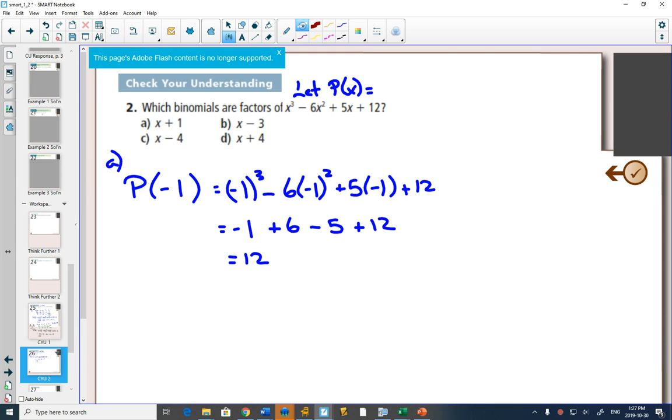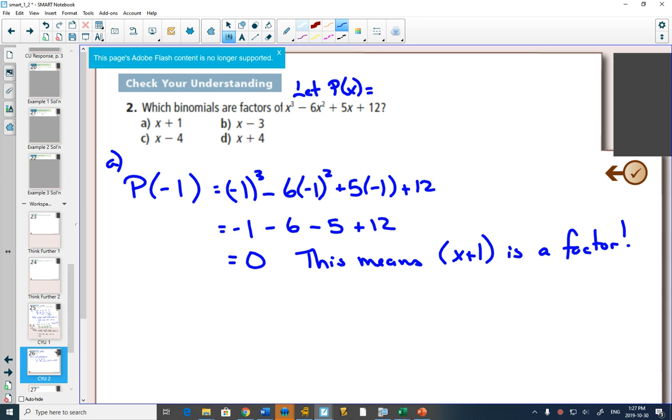Which would make this a minus sign right here. Oh, and it's equal to 0. So since it's equal to 0, this means x plus 1 is a factor.